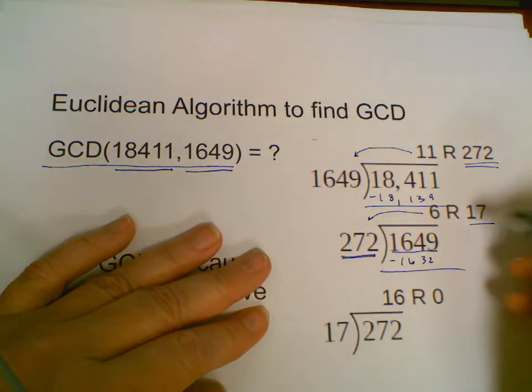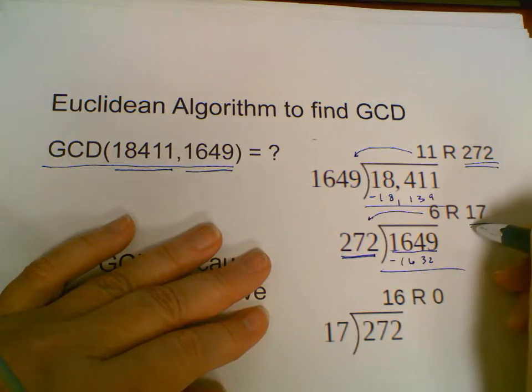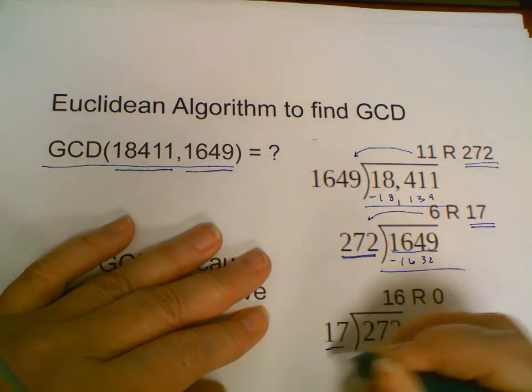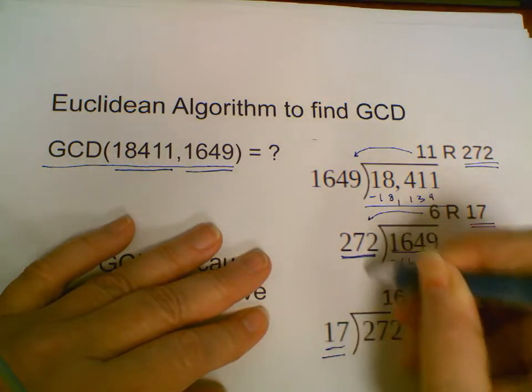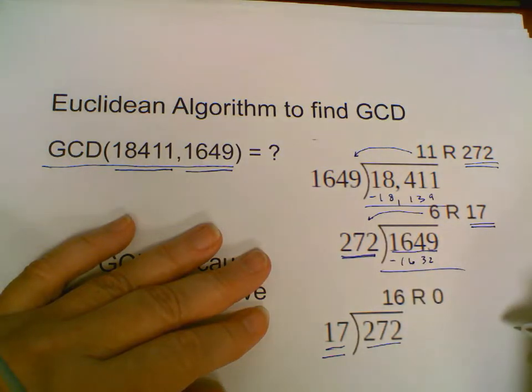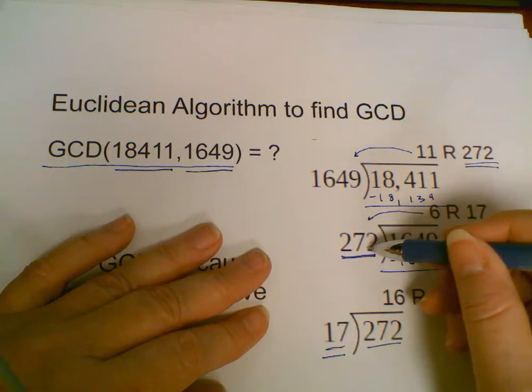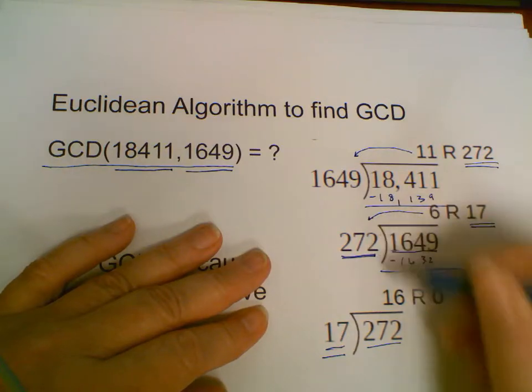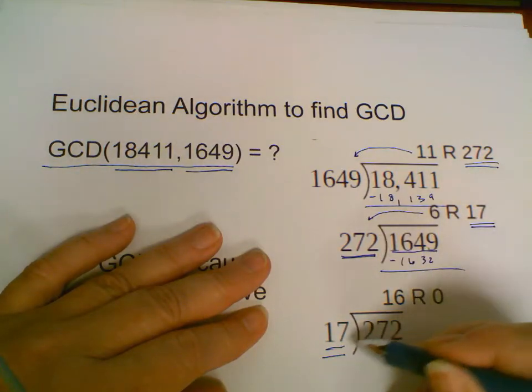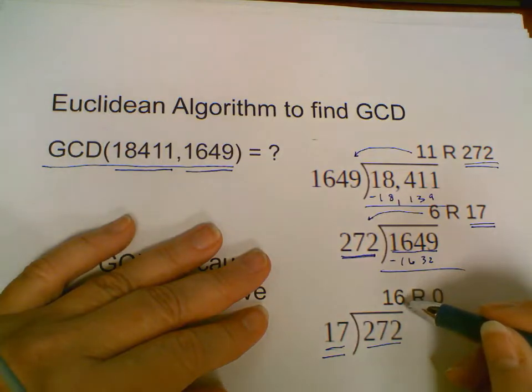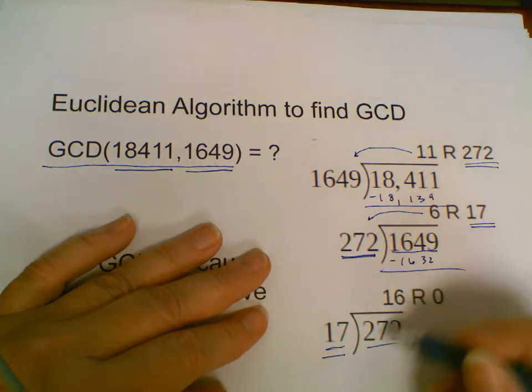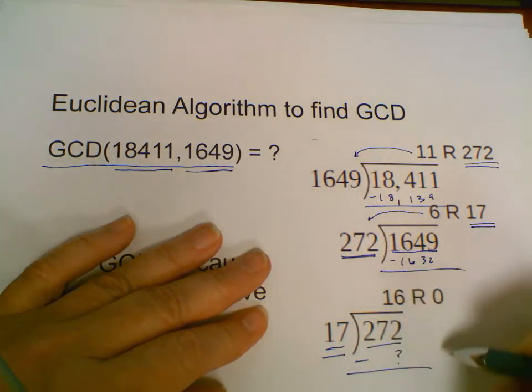We keep doing this till we get no remainder. So we take that remainder of 17 and divide it into 272. You always take your previous remainder and divide it into your previous divisor. 272 divided by 17 goes in 16 times. We need to multiply that, subtract it.